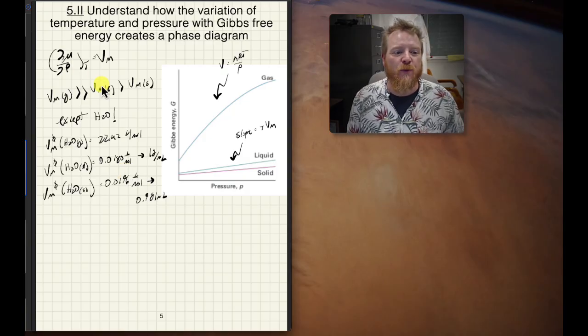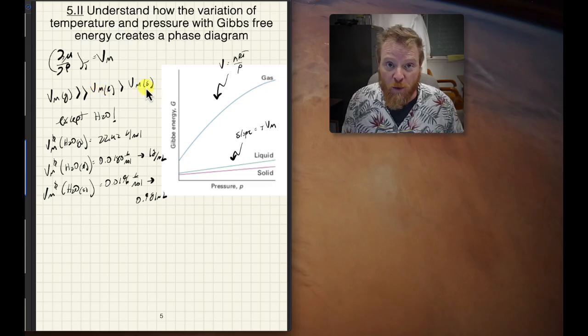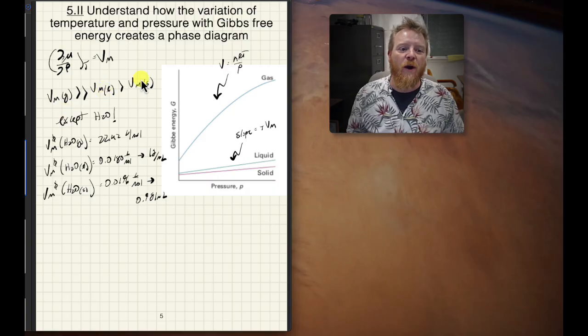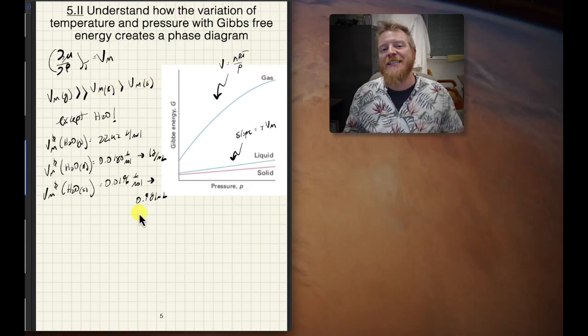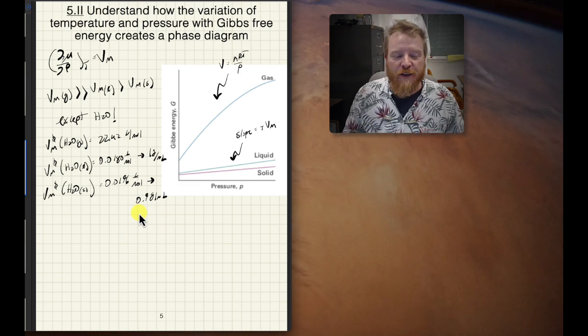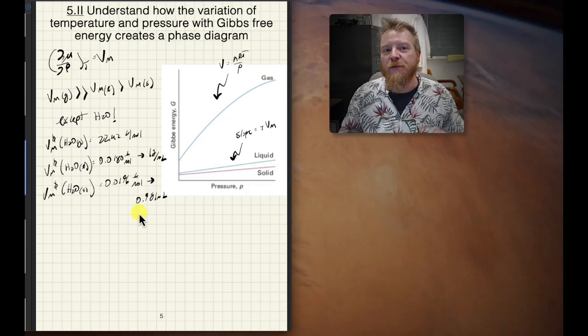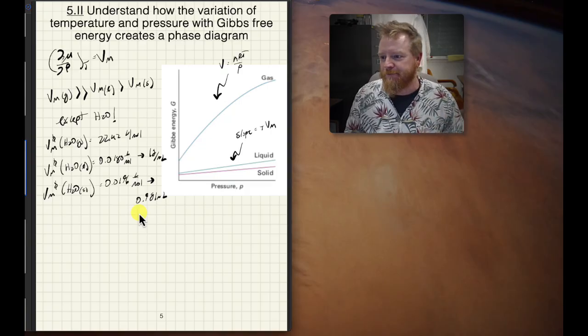So this is the case with almost all materials: the molar volume of the gas is much, much greater than the molar volume of the liquid, which is greater than the molar volume of the solid. However, water is our one exception, where the molar volume of the solid is greater than the molar volume of the liquid, because the density of solid water or ice is less than the density of the liquid, right? Your ice cube floats on top of your beverage, okay?